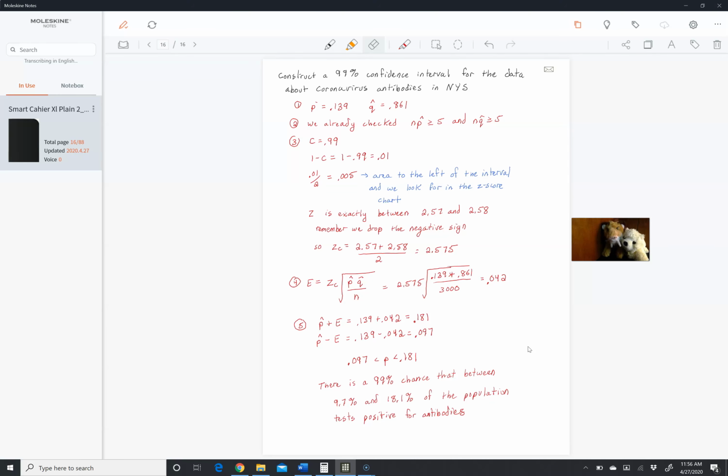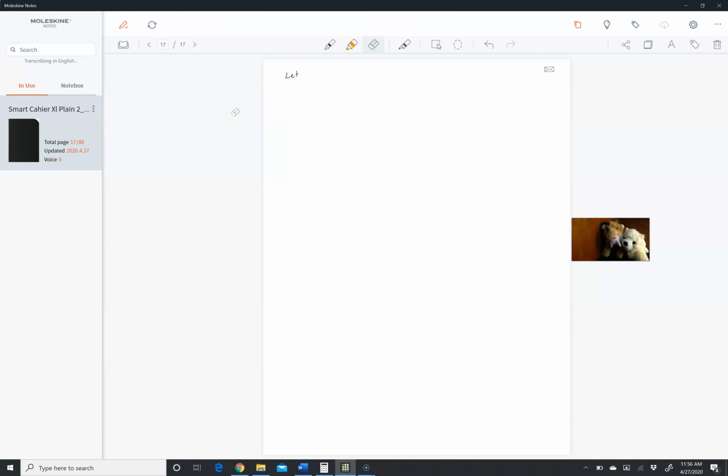So let's go through that. We've done this before, actually. We did it in the first lecture on confidence intervals when we were looking at intervals for means. Okay, so let's figure out a good sample size.